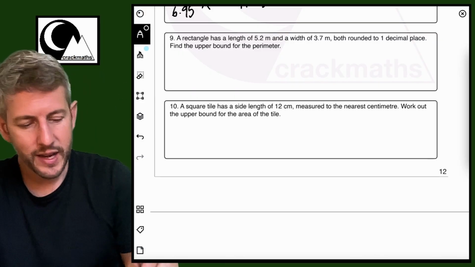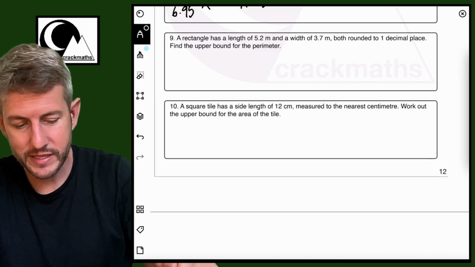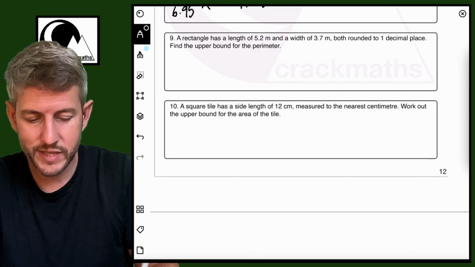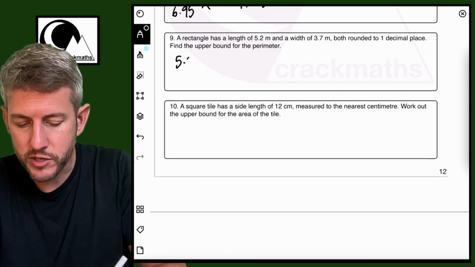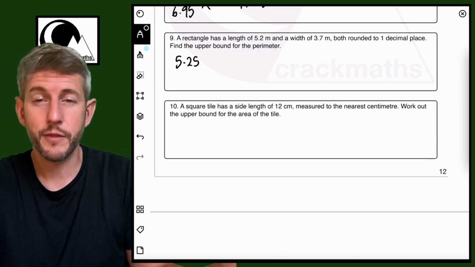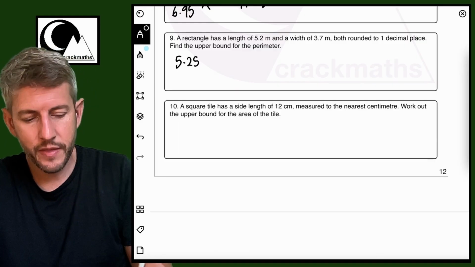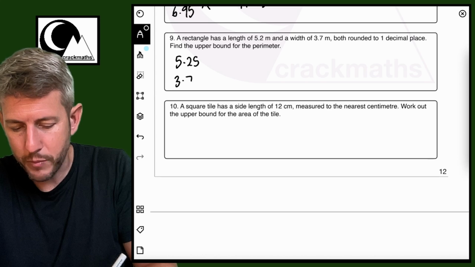Okay, so let's find the upper bounds for these numbers. They've both been rounded to 1 decimal place. So the upper bound for 5.2 will be 5.25, because that's the maximum value that rounds down to 5.2. And then 3.7 would be 3.75.